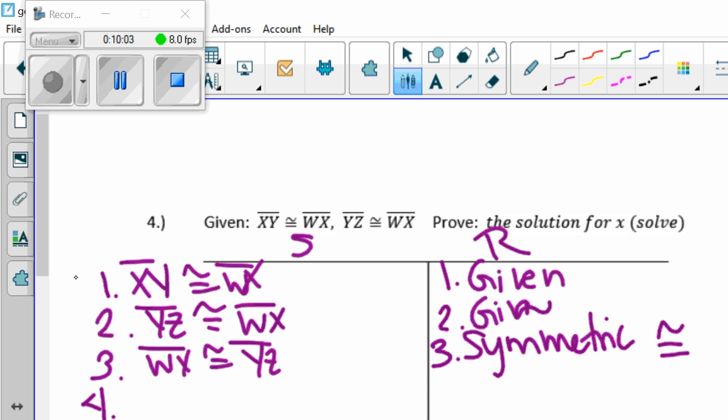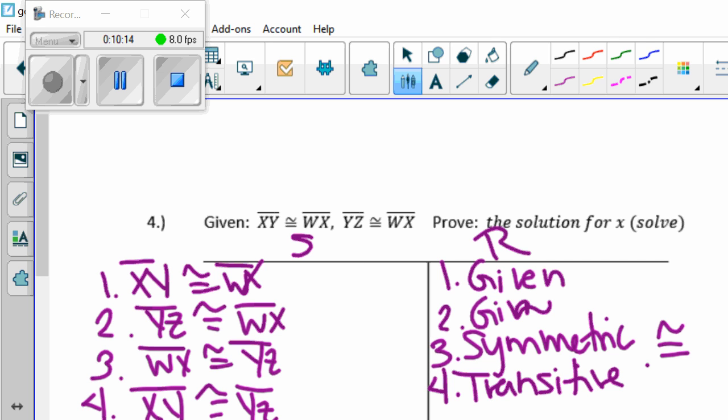Now I can do the transitive property and say the very first one, XY, is congruent to the very last one, YZ, by the transitive property of congruence. If they're congruent, I know that they have to equal each other, so I can say XY equals YZ. That's our definition of congruence.